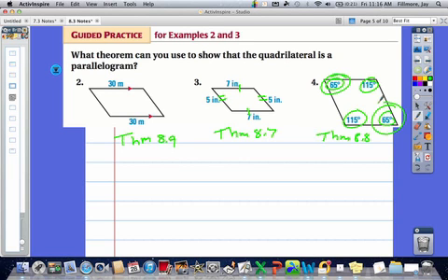So theorem 8.7 and 8.8. So those are some basic things to be able to tell if something is a parallelogram. We'll go through more complex problems in class, but if you are absent, this should be sufficient to catch you up. And if you have any questions, as usual, please email me or see me before or after school.